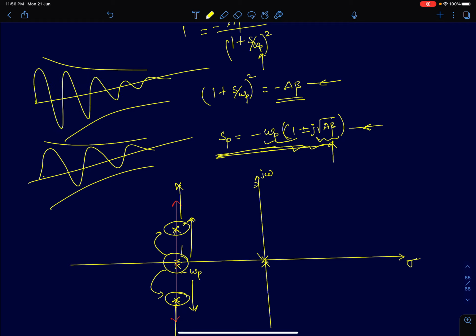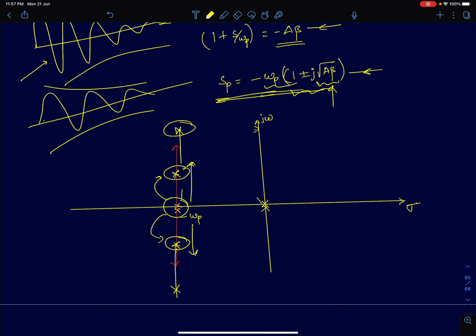So generally these poles are called high Q poles. As far as analog engineers are concerned, we don't generally prefer to have a response which undergoes several oscillations before it decays down. So that's very close to instability. It's not unstable, but still this is something that we don't prefer.